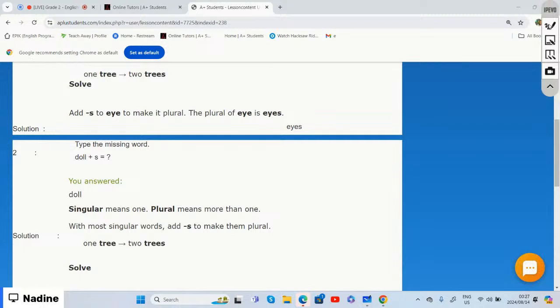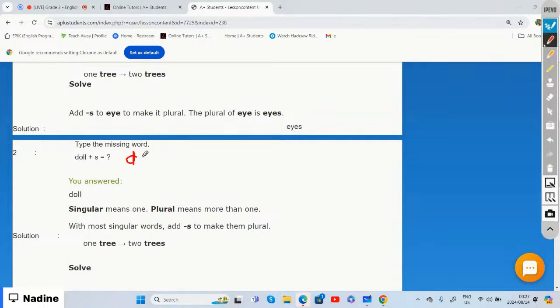All right, so one doll, but if we add an S to that word, then we say we have three dolls that we played with.